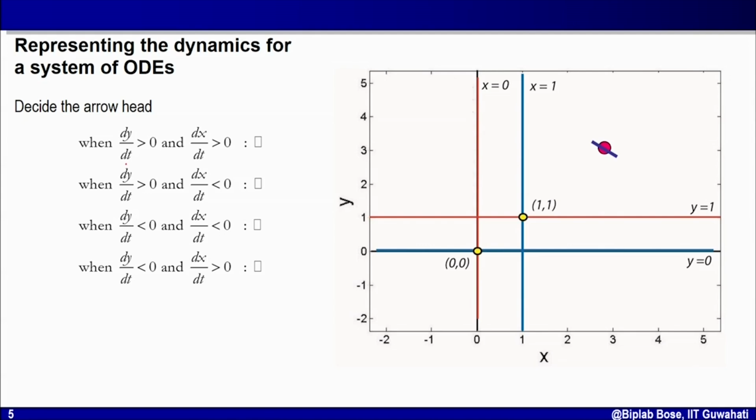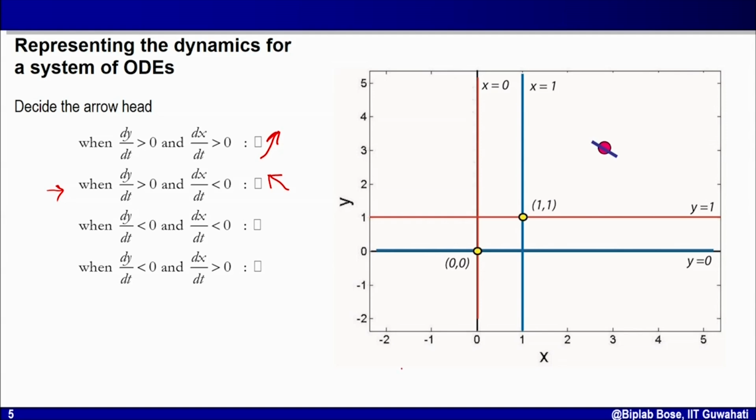Suppose dy/dt is greater than 0 and dx/dt is also greater than 0, that means with time both x and y will increase, and I will put an arrow pointing up and to the right. When dy/dt is greater than 0, that means y is increasing with time, and dx/dt is less than 0, meaning x is decreasing, then I can have an arrow like this. So y is increasing, x is decreasing.